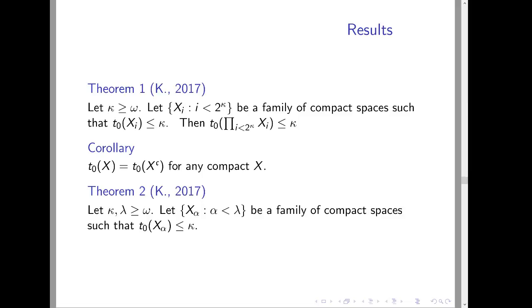If lambda is below the first measurable cardinal, then the functional tightness of the product, perhaps a very large product, is also bounded by kappa. In particular, if there are no measurable cardinals, it can always happen. And you have to assume something. If lambda is measurable, then this is not true. So this is the best you can get.